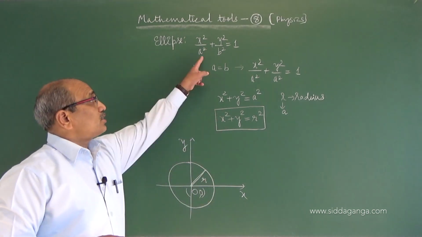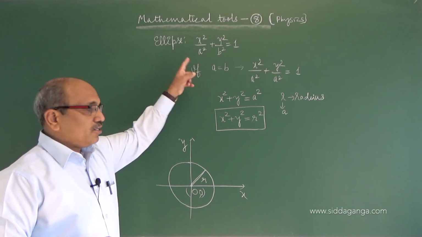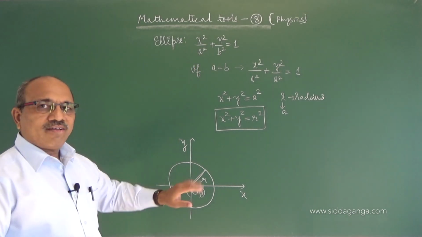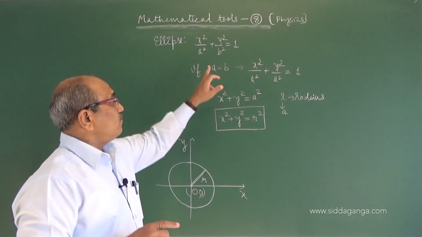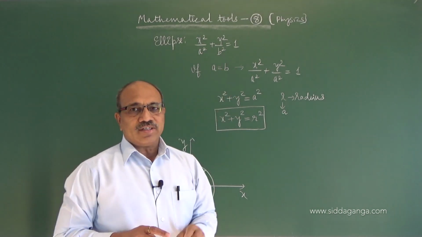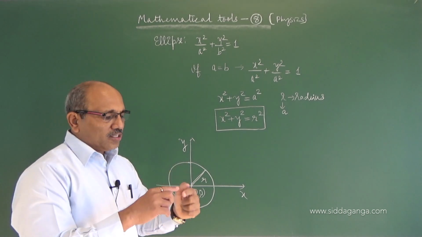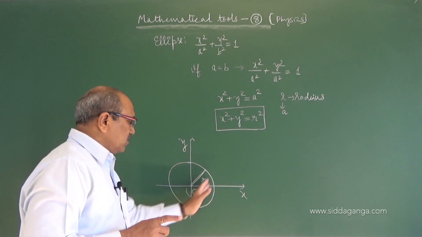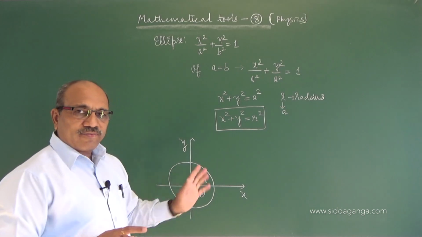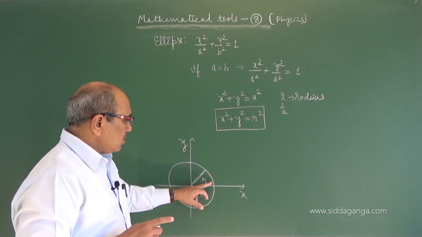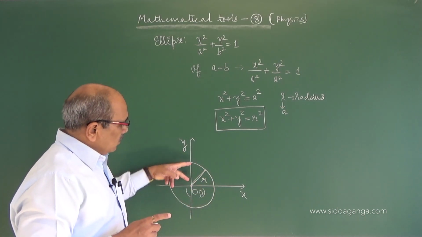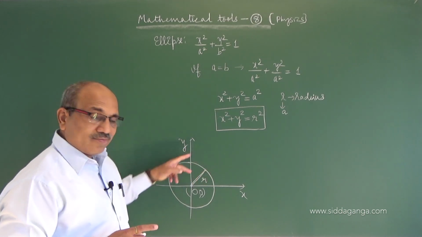The ellipse relation is converted into an equation for a circle. If a equals b, the semi-major axis becomes equal to the semi-minor axis. The locus will be equal in all quadrants of the coordinate system. In any quadrant, the y variation and x variation become equal.